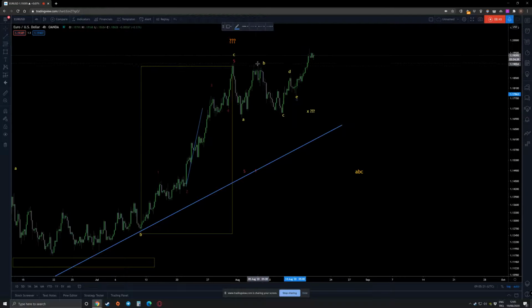So this is why this is probably the stuff that we should be looking for. By the way, I made a mistake here. All of this is one lower degree. What is our lower degree? Well, this is it.